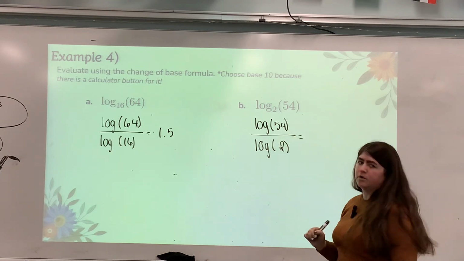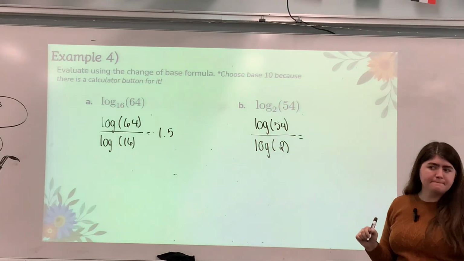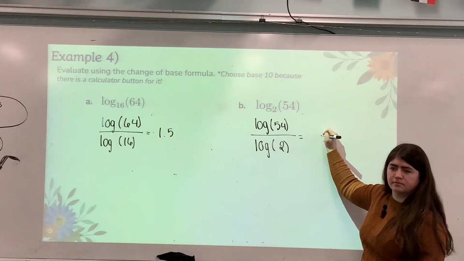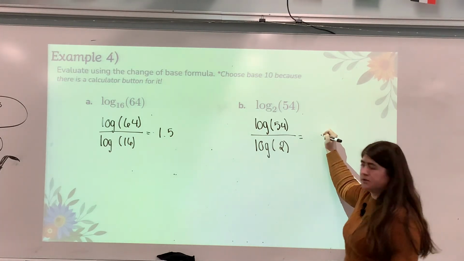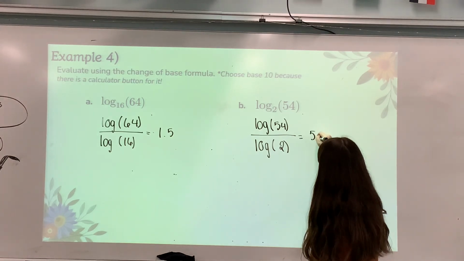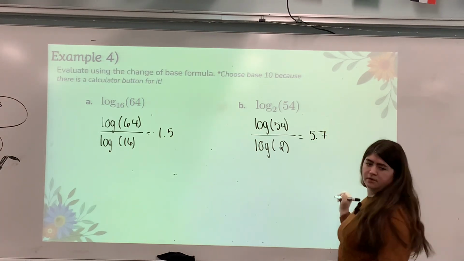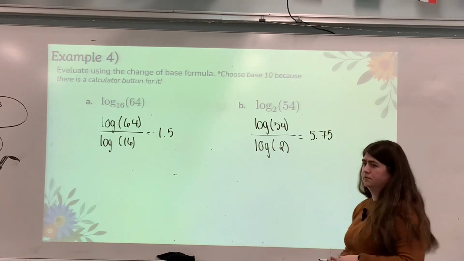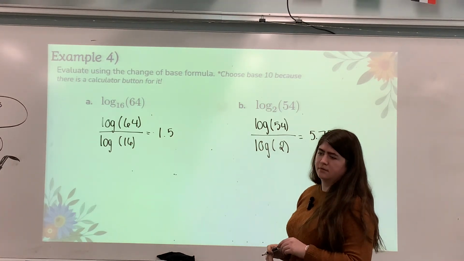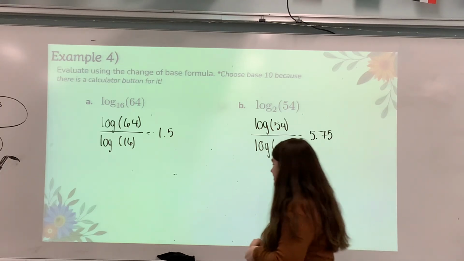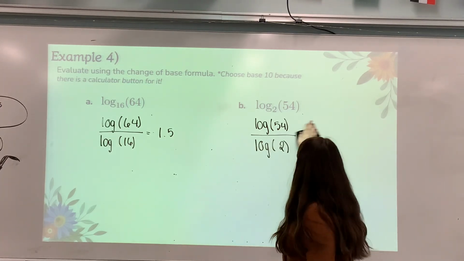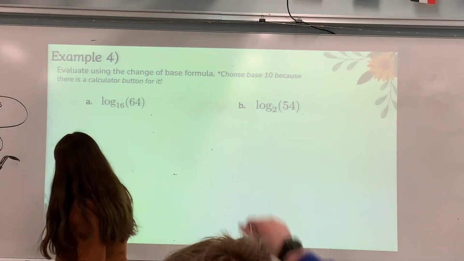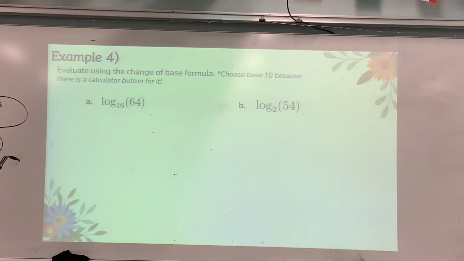And when we type that into our calculator, what do we get? 5.7? 5.75. Okay. No, I got 5.75. Oh, okay.